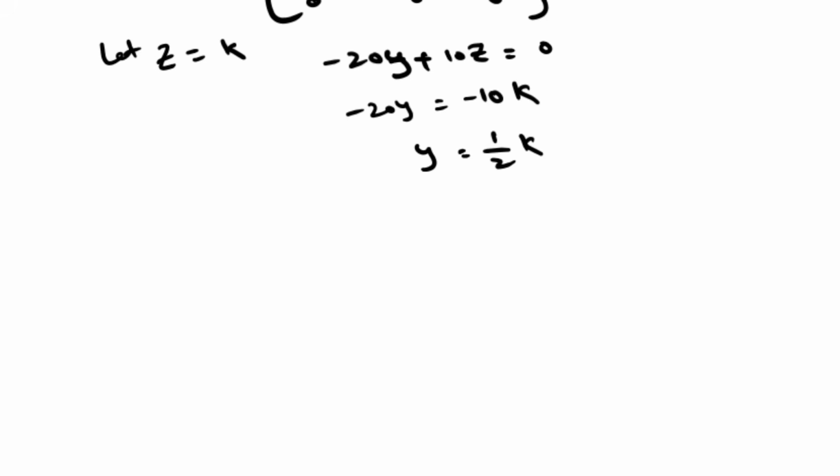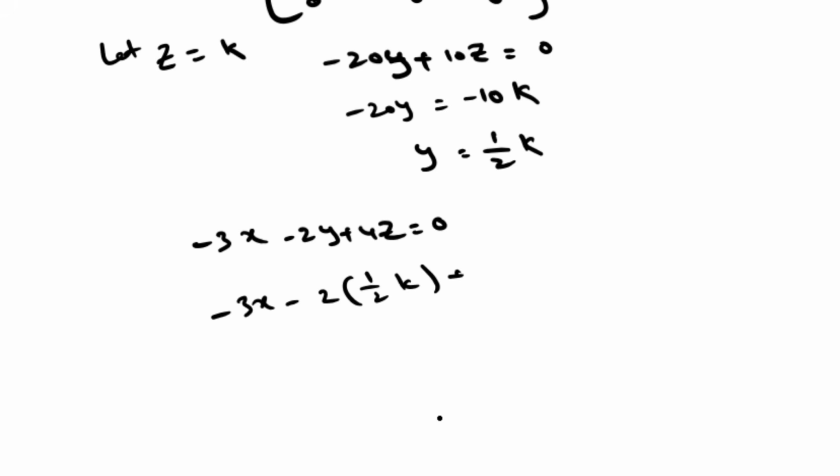From equation 1, -3x - 2y + 4z = 0, so -3x - 2 into 1/2 k + 4k = 0. That gives -3x + 3k = 0, so x = k.